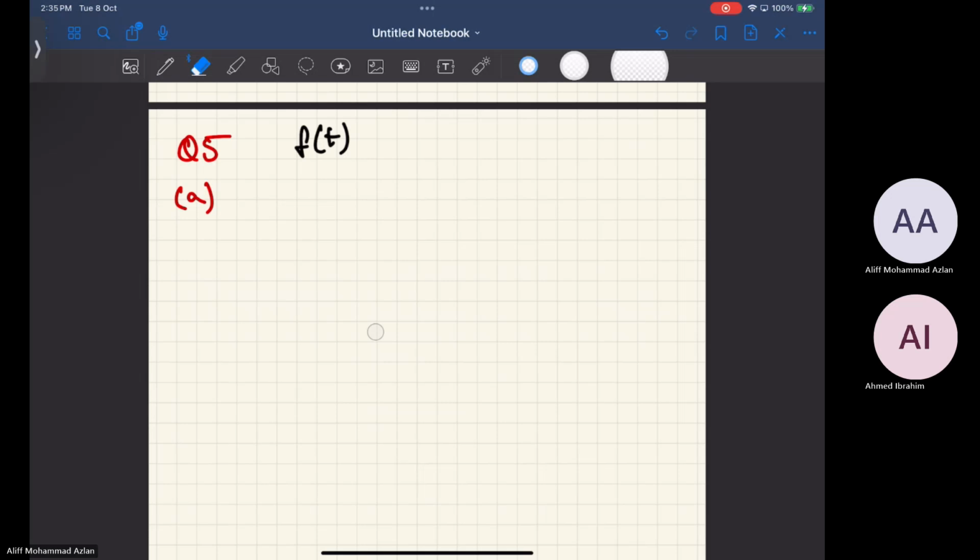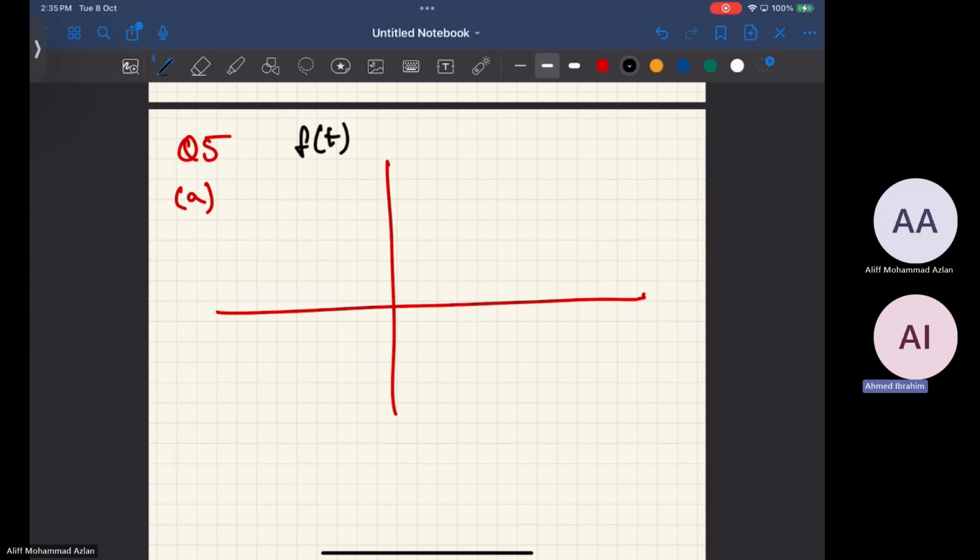So we are given this function and asked to calculate the Fourier transform. So minus 1, 1, minus 1, 1.